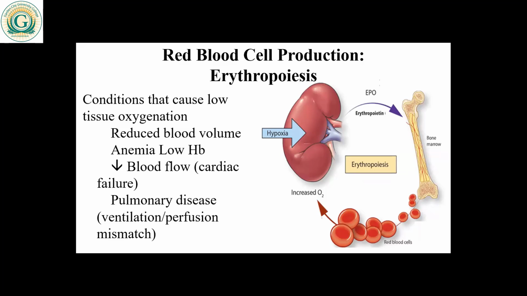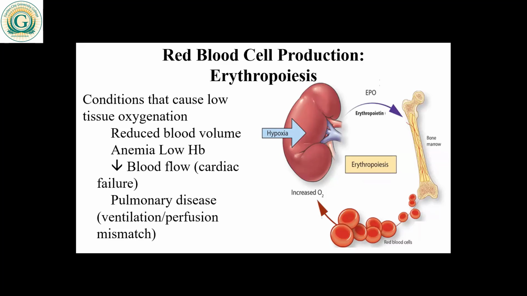So we are saying conditions that cause low tissue oxygenation. Number one, when you have a reduced blood volume, whereby you are not taking enough water, and therefore your blood plasma is reduced, that can signal the system to produce more red blood cells.